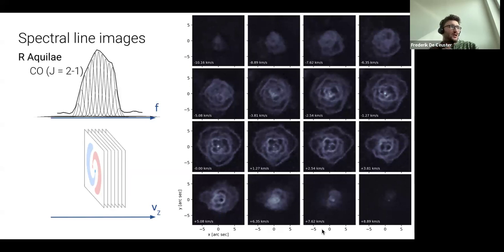And you can imagine, if you know what material is moving at what velocity, and you have some idea of the hydrodynamics, of this velocity field, you can derive where this emission is coming from along the line of sight, and in that way get information about the depth direction that you miss in your 2D image. That's exactly what we exploit in our model.